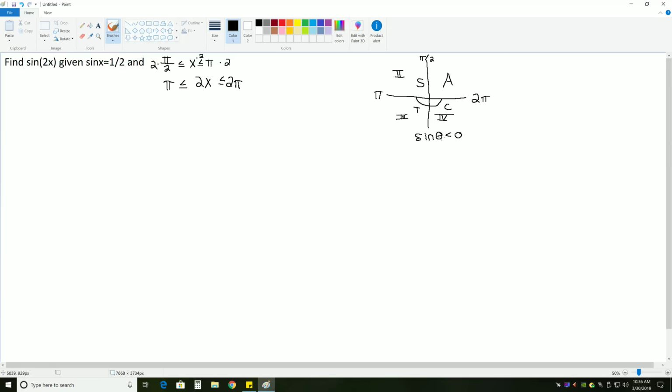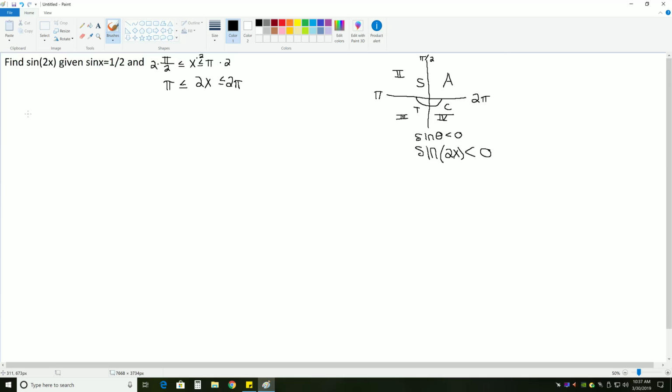So sine of theta is less than 0 in quadrants 3 and 4, which means in this case our angle theta is 2x. So whatever angle we're dealing with for 2x, we know that its result will have to be negative. Okay, so with that in mind, let's start solving this out.